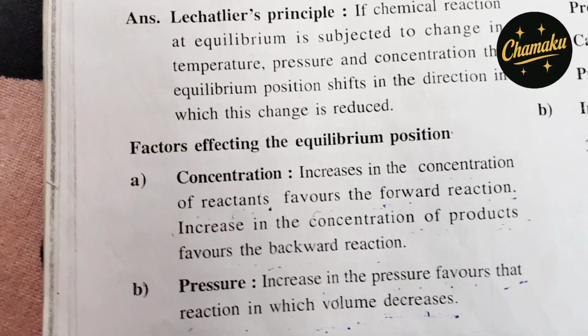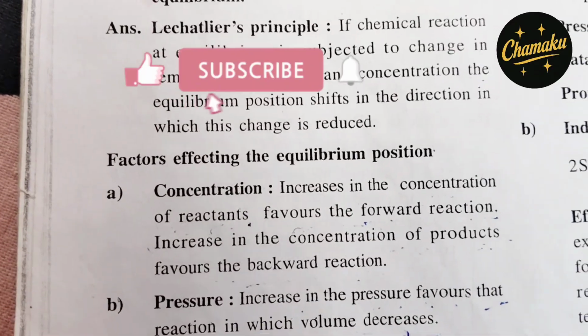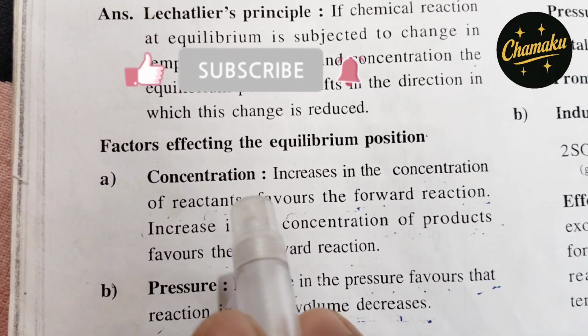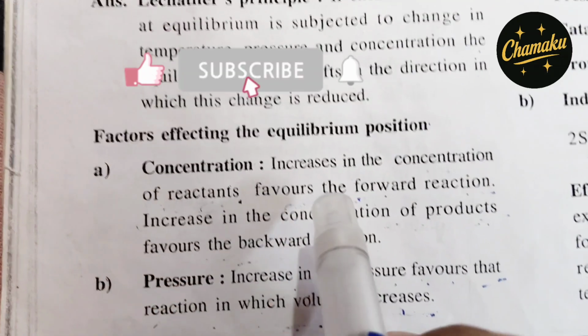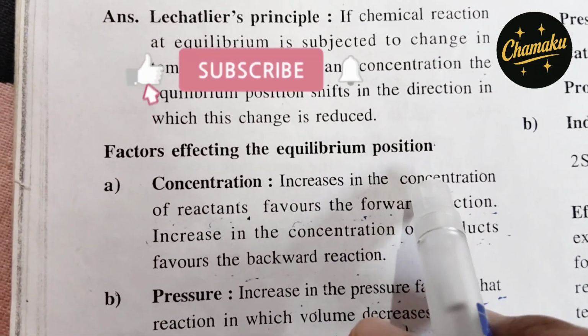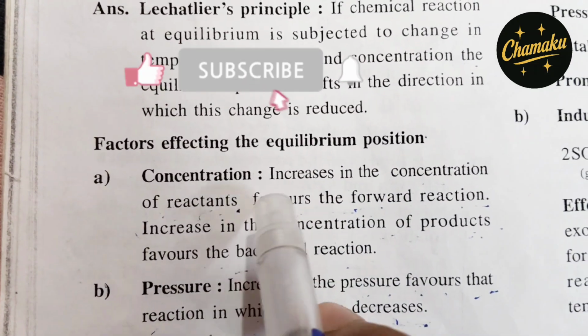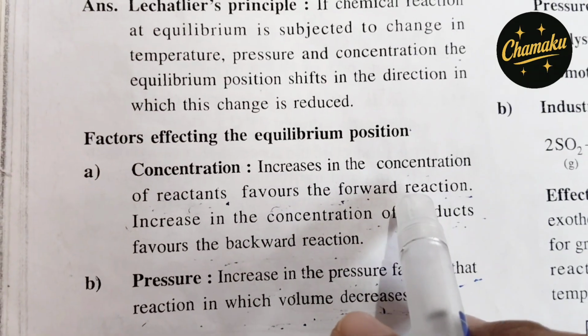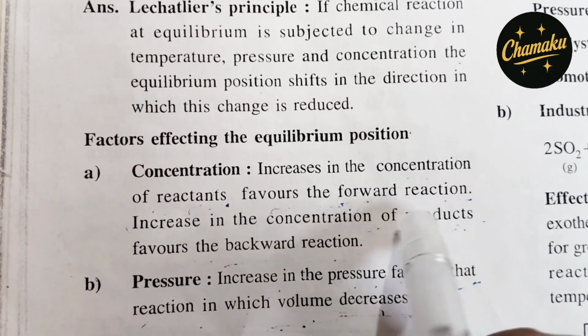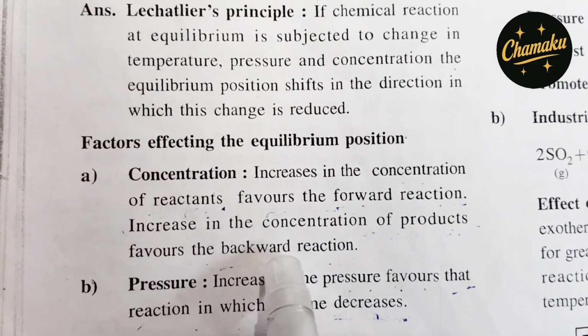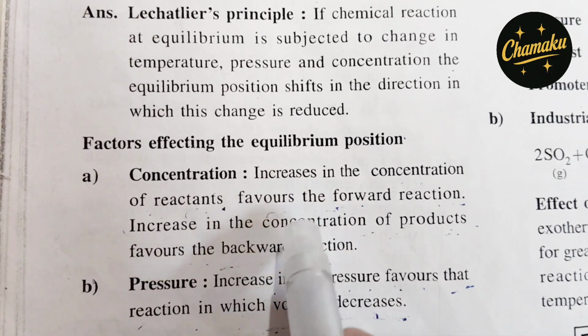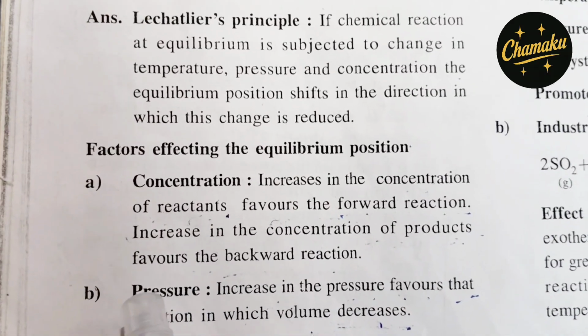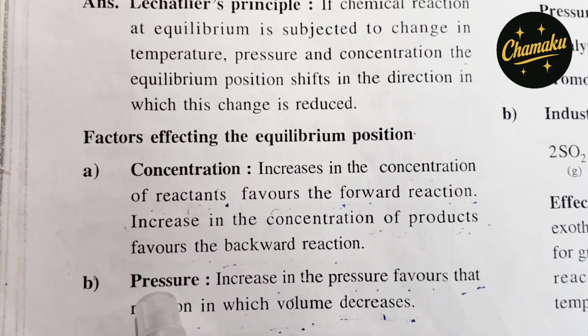So let's see the factors that are affecting the equilibrium position. So the first one is concentration. Increase in the concentration of reactants favors the forward reaction. Increase in the concentration of products favors the backward reaction. Okay, this is like vice versa. Second one, pressure.